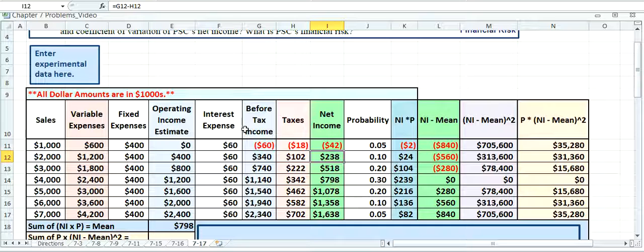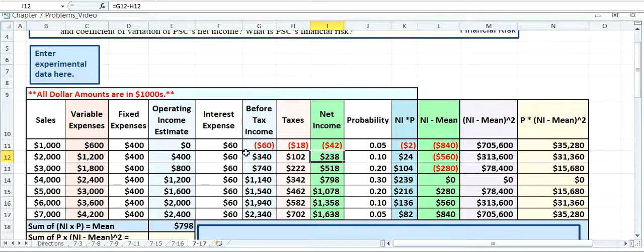This is caused by this added fixed cost, which is our interest expense. As I explained in problem 716, when you add fixed cost into your operating income estimates, it's going to have more of an effect on the lower figures than it does on the higher.